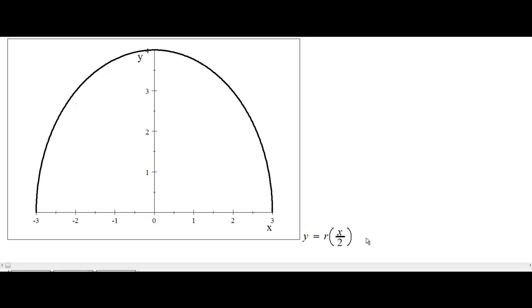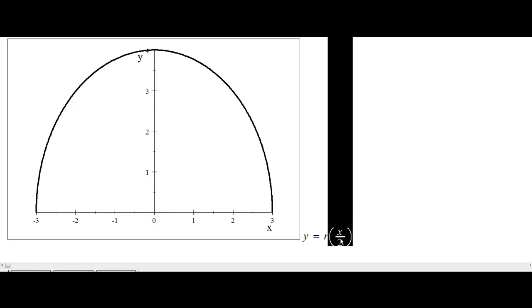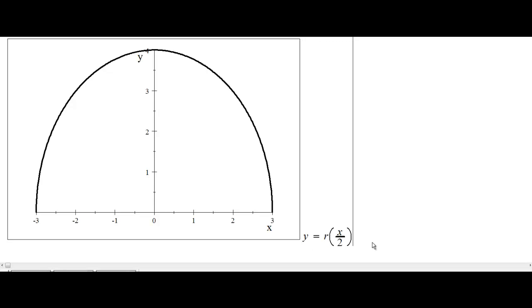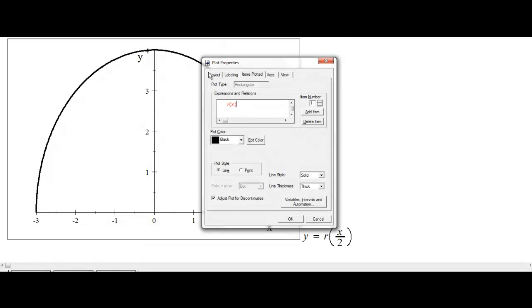In this case, we are going to look at a graph obtained by the equation y equals r of x over 2. Now we will be achieving those y values at a slower rate, and in this case this graph will horizontally stretch. Let's enter that in here and see what we get.